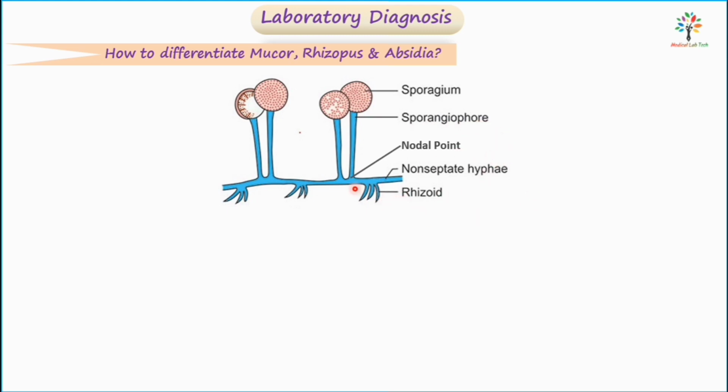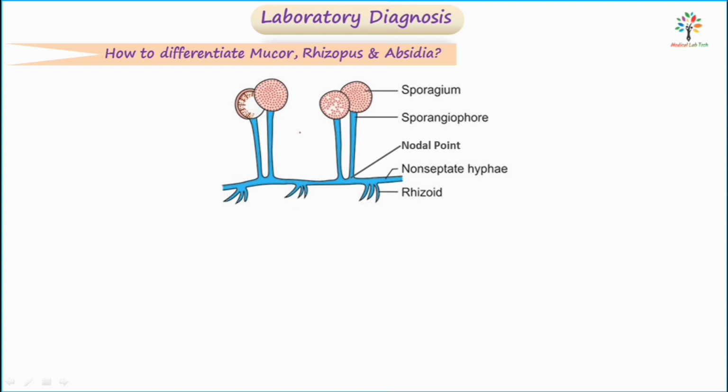And there is an important point. This is called the nodal point. From the nodal point, the sporangiophore develops, and these are known as rhizoids. So for identifying Mucor, Rhizopus and Apophysomyces, the non-septate hyphae, sporangiophore, sporangium are all the same, but the difference is the position of the rhizoid. So this is the important point.